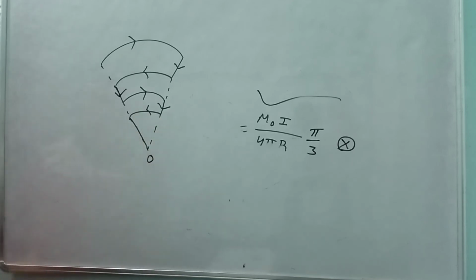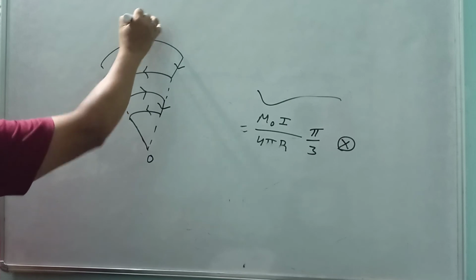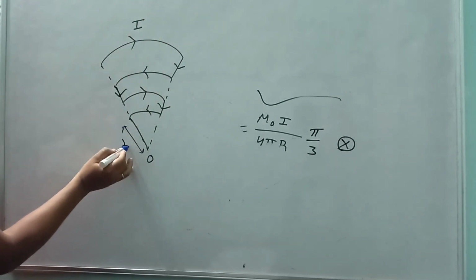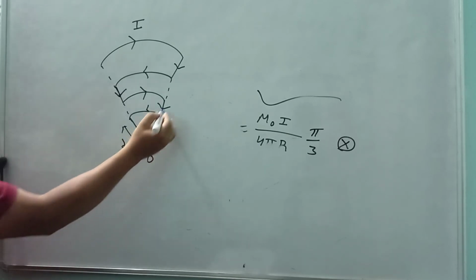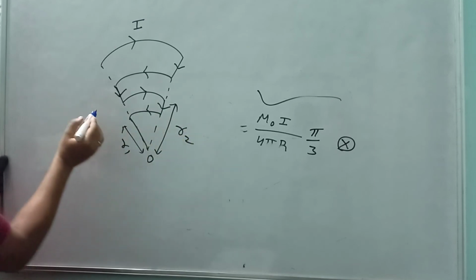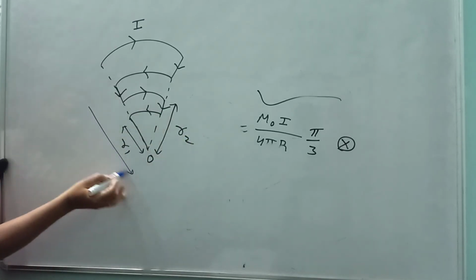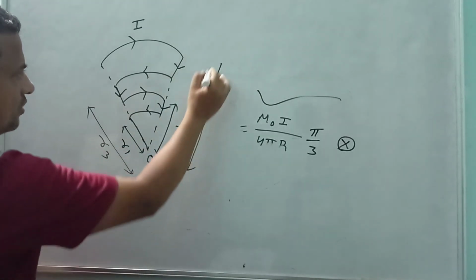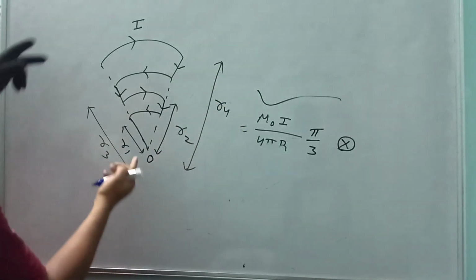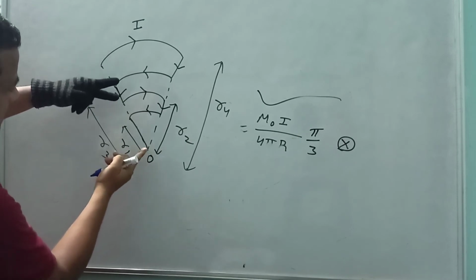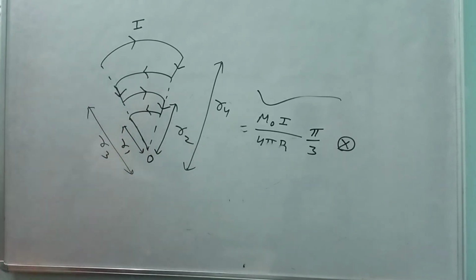If the current is in this direction, suppose this current is I, this is R4, this is R3, this is R2, this is R1.